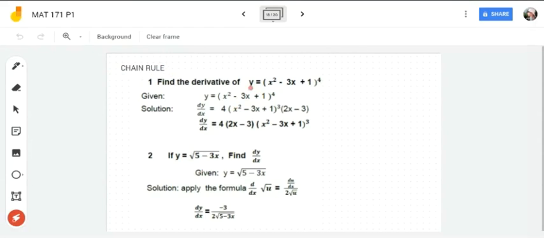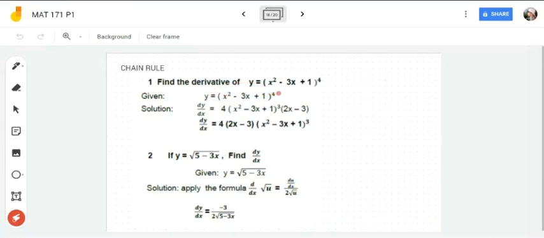Okay, example, we have here a function which is the quantity x squared minus 3x plus 1 raised to 4. So getting its derivative, it is simply equal to, using your power rule and treating this as your u or your x, 4 times x squared minus 3x plus 1 raised to 3. That is 4 times 1, and then 4 minus 1 is 3.